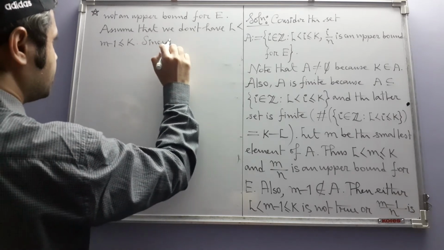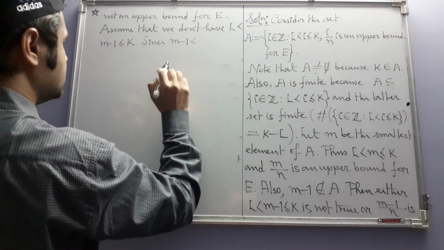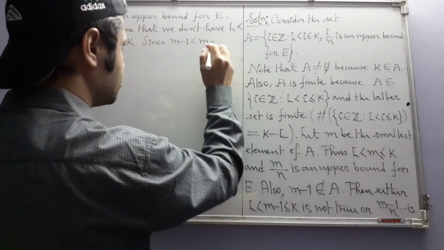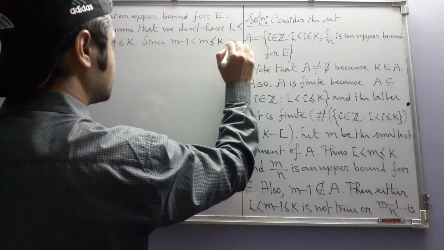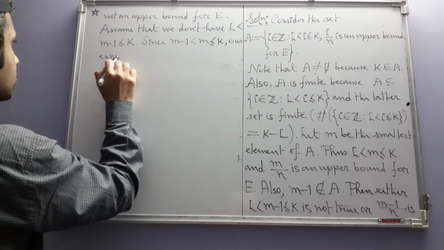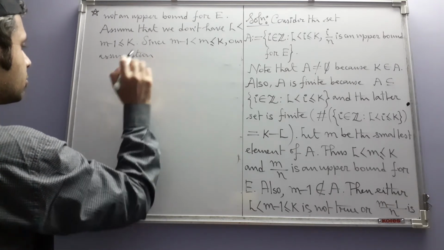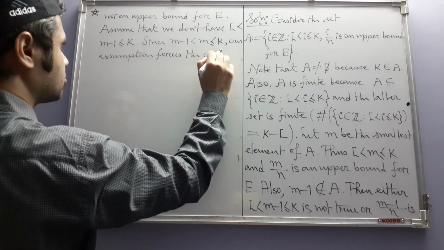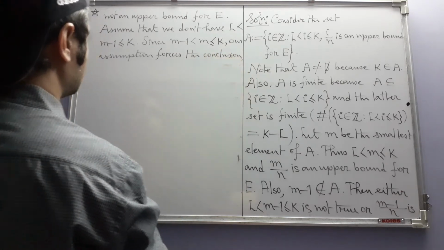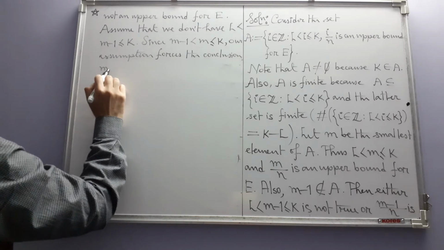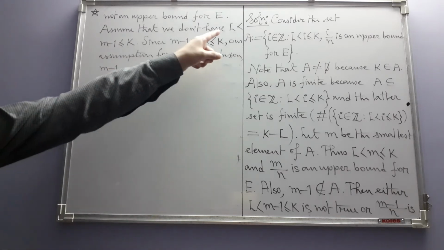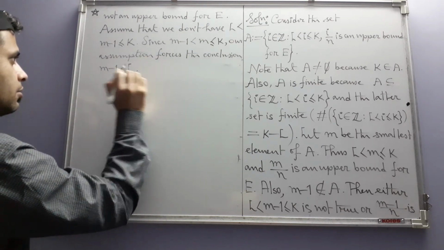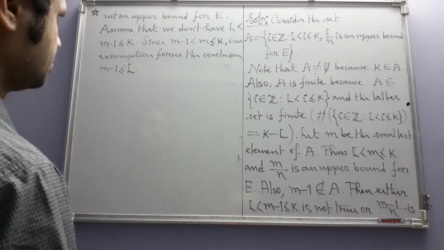Since M minus 1 is strictly less than M, and M already is less than or equal to K, our assumption forces the conclusion that M minus 1 cannot be greater than L. So it has to be less than or equal to L. Okay.